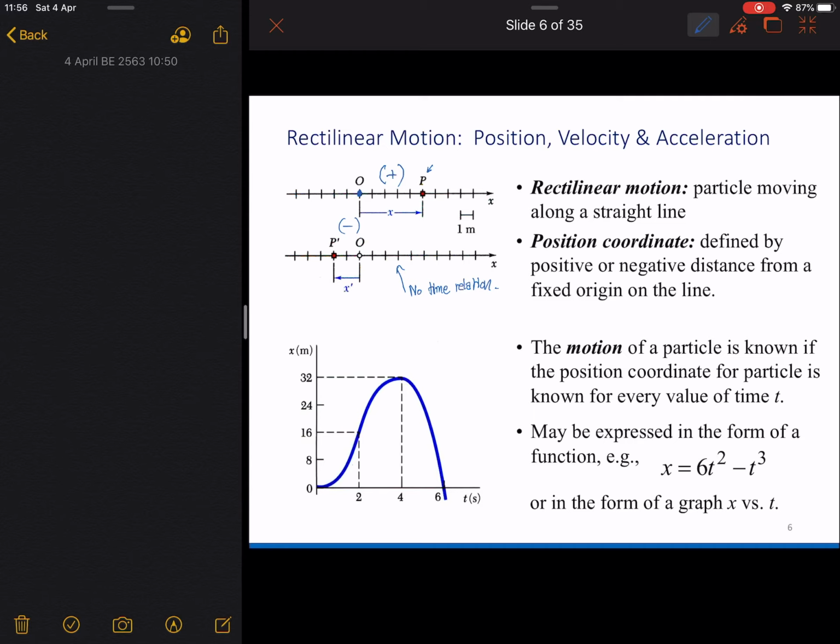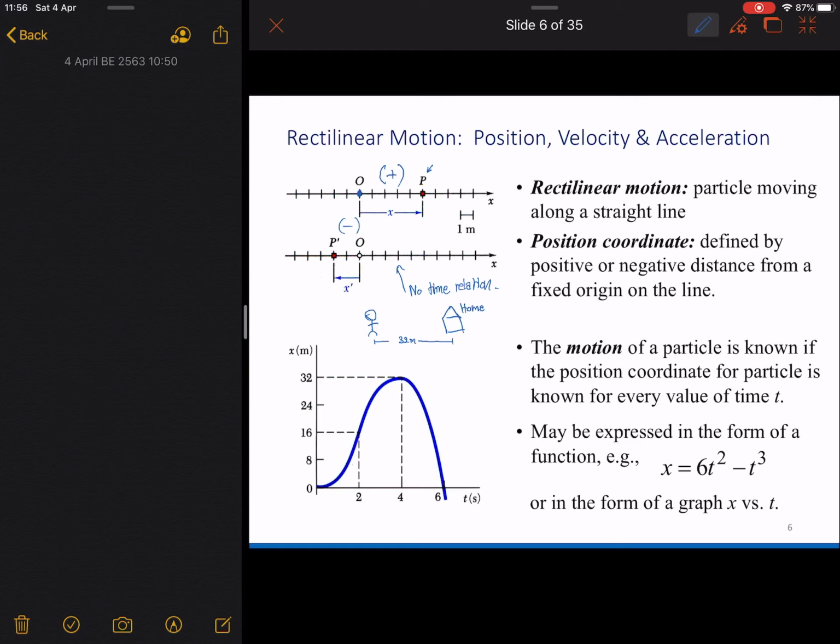And how do we read this? For example, you are standing here and you have a shop, or we can call it your home, and the distance here is 32 meters between yourself and home.